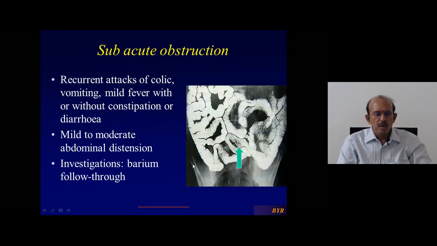If there is no obstruction, of course you can give barium, and when you give barium, you can see the worm like this. But whenever you are doubtful about obstruction, don't give barium.